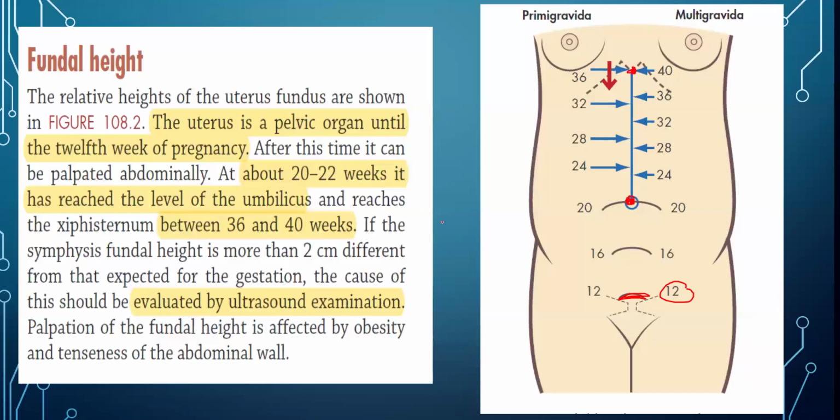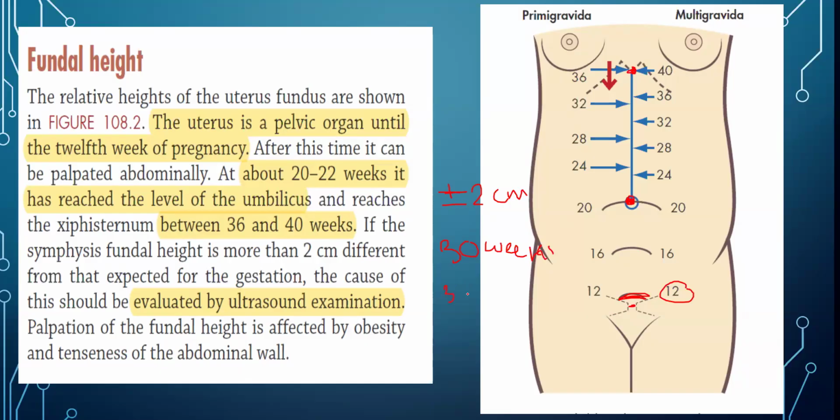Normally we say the symphysiofundal height, that means from the pubic symphysis to the fundus, should be plus or minus 2 centimeters from the gestational age. So let's say it is a 30 weeks pregnant patient.